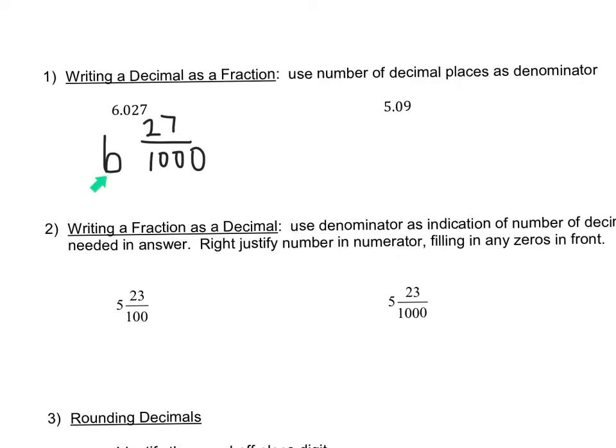So 6 is the whole number, and then we have 27 out of 1,000. 5.09 will be 5, and then we have 2 decimal places, which is hundredths. So 5 and 9 over 100. If these fractions could be reduced, we would have to, but neither one of these can.